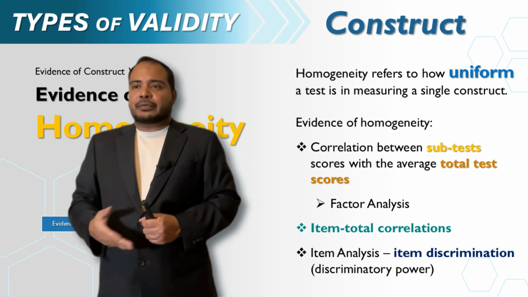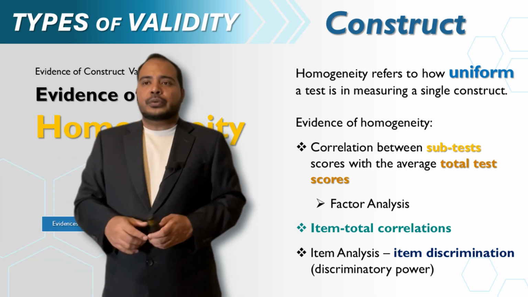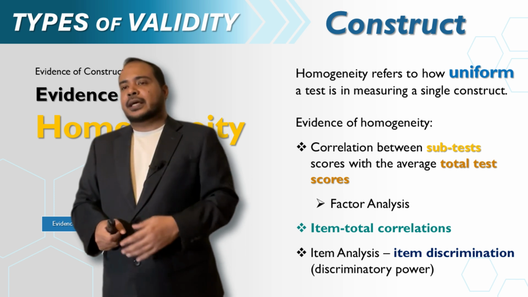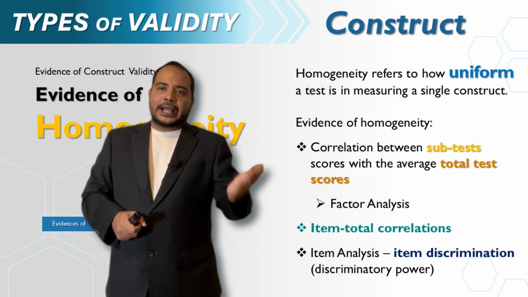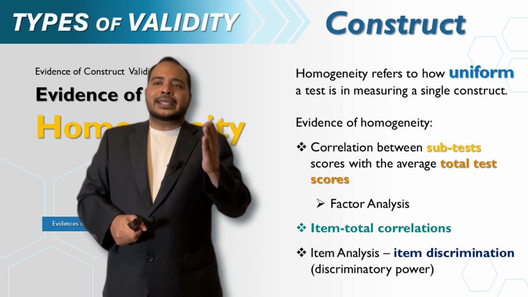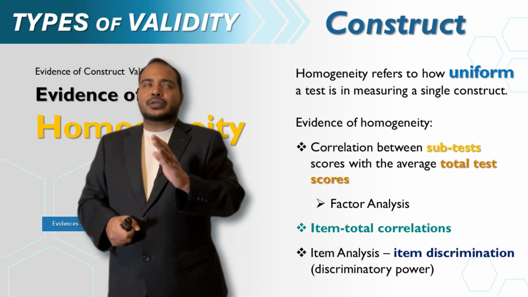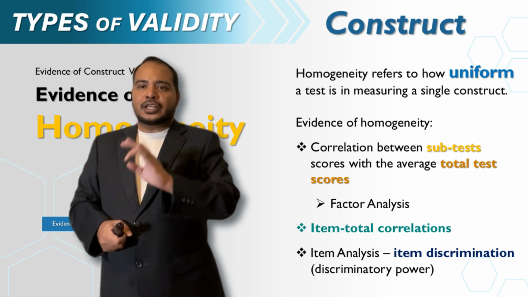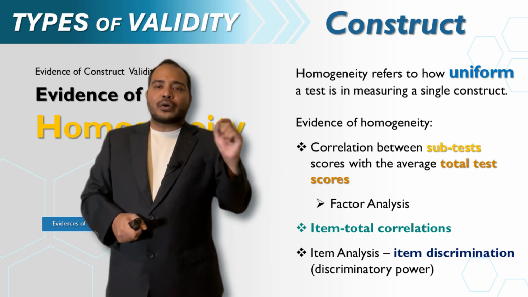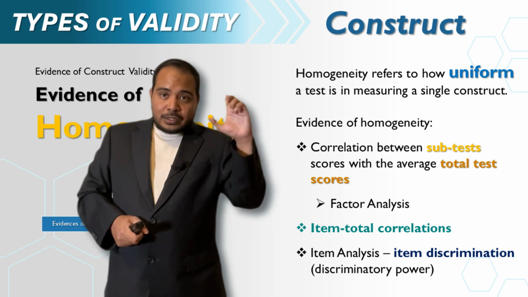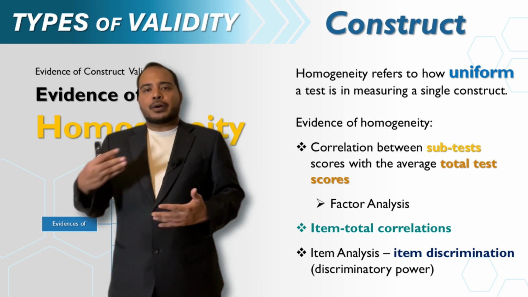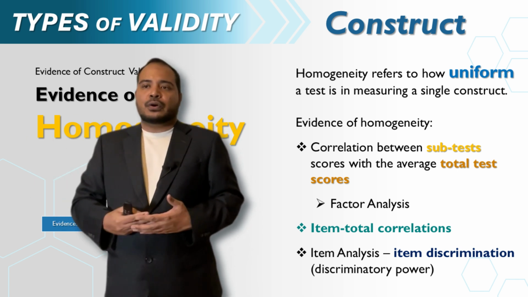We are going to discuss factor analysis in the last part in more detail. Besides correlation between subtests and the total test score, we can also find evidence of the homogeneity of the test using item-total correlations, not inter-item. So we correlate between items, the questions in the test, and the total score. We are expecting significant positive correlations.